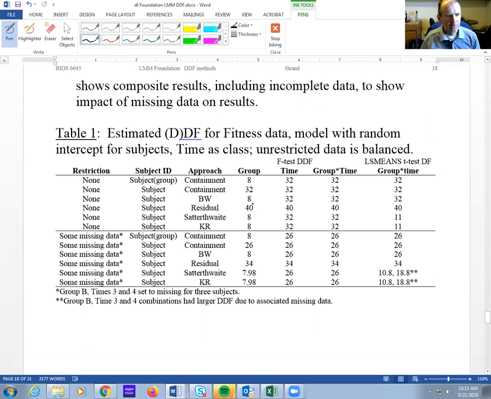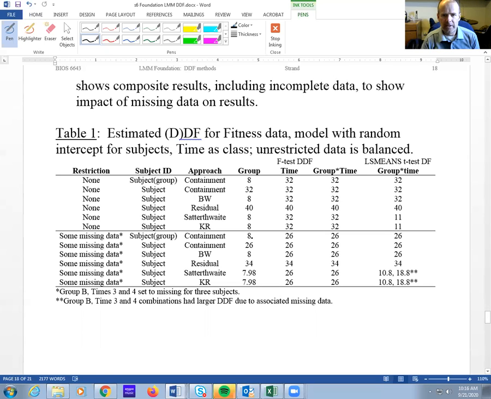So for group degrees of freedom, you can see that the residual method, that's the most liberal because we're estimating that there should be 40 degrees of freedom used for group. Really the best answer I think would be 8 for the group comparison. And the Satterthwaite and Kenward-Roger go down even lower than that, so they're even more conservative than the between, within, and the containment methods.